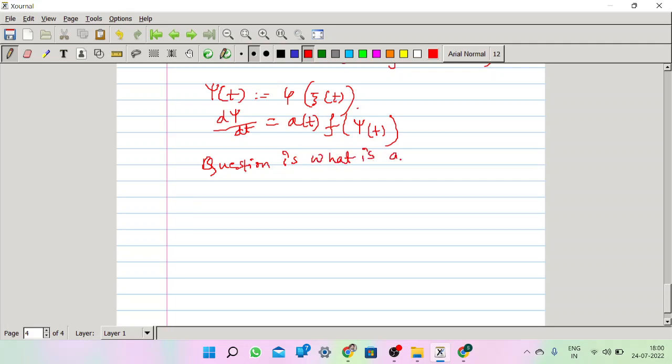The options are: option A, a(t) equal to 4t; option B, root over 1 minus t by 2; option C, 1 minus t by 2; and option D, 2t square. So now I will solve this problem.